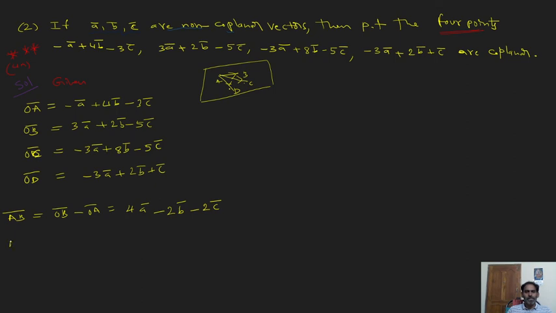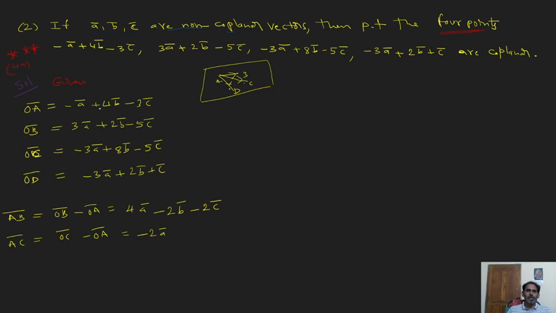Next AC bar, OC bar minus OA bar. Minus 3A plus A, that is minus 2A.